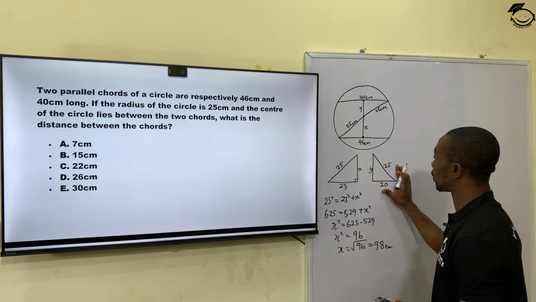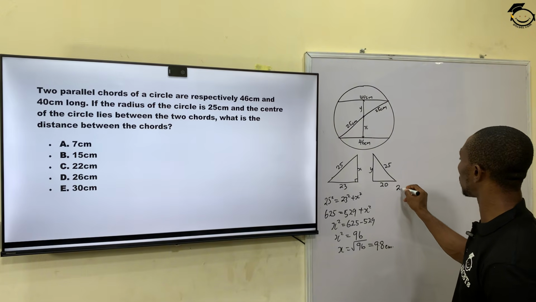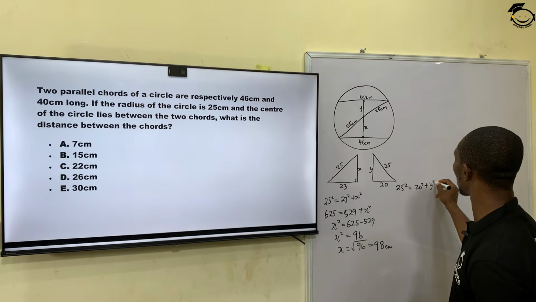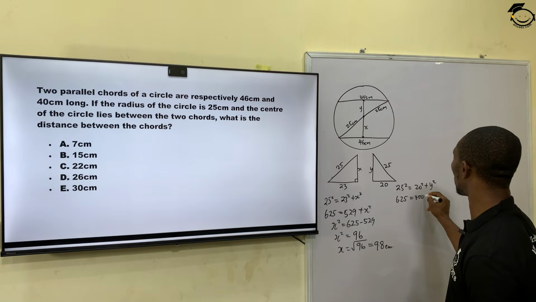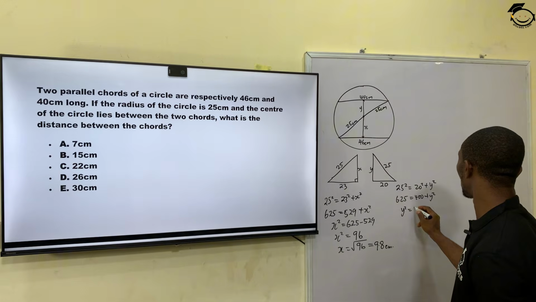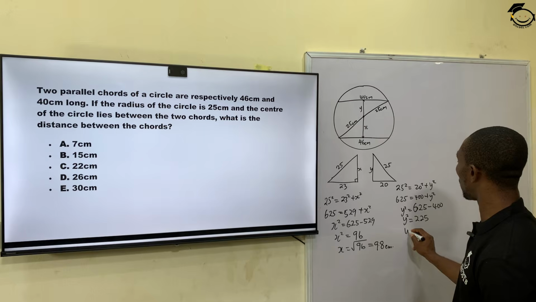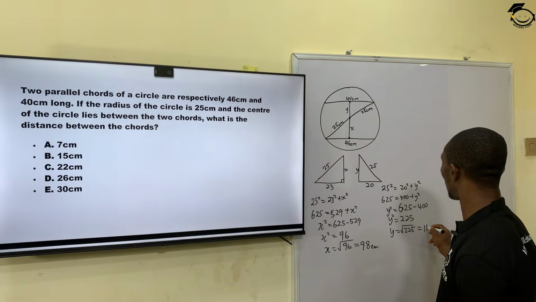Now, for this other one, applying still our Pythagoras rule, we're having 25 squared equals 20 squared plus y squared. So this gives us 625 equals 400 plus y squared. So y squared equals 625 minus 400, so y squared equals 225. And y equals root of 225, which will give us 15.